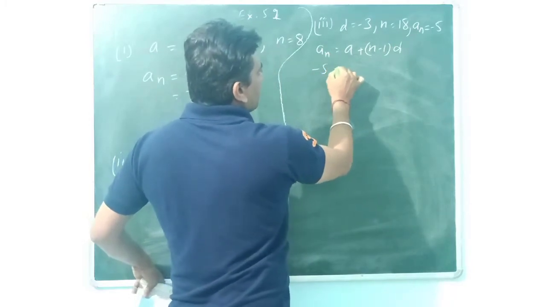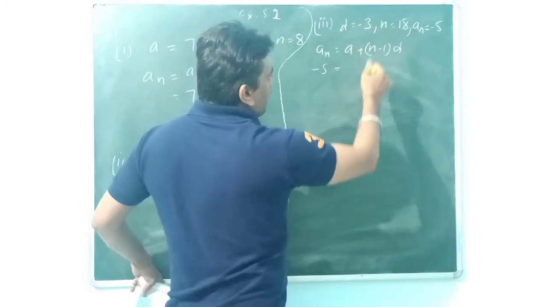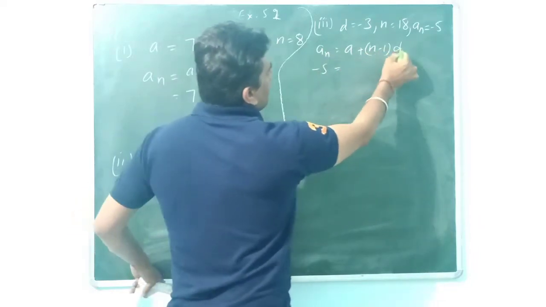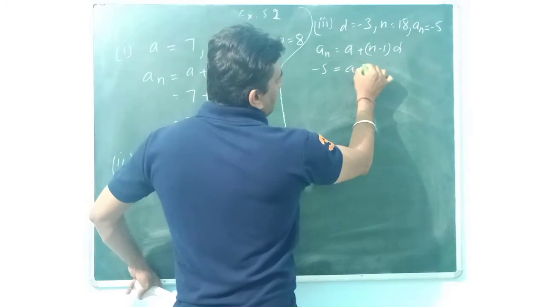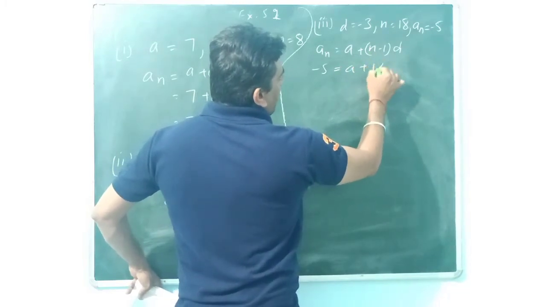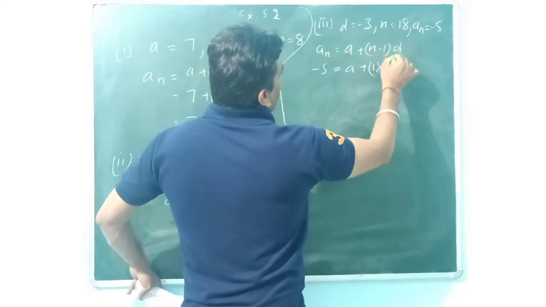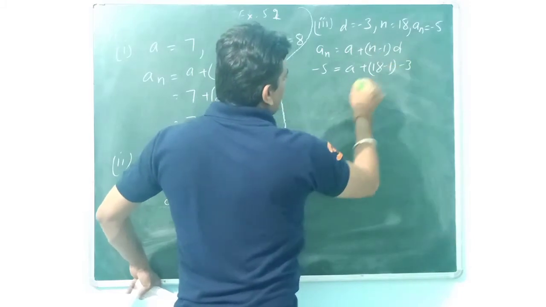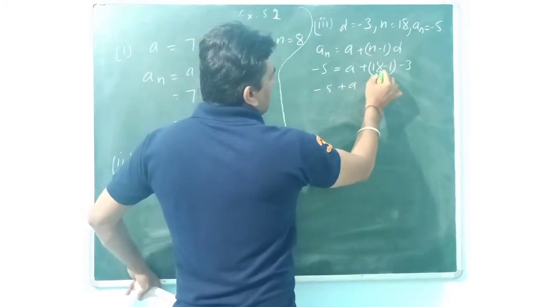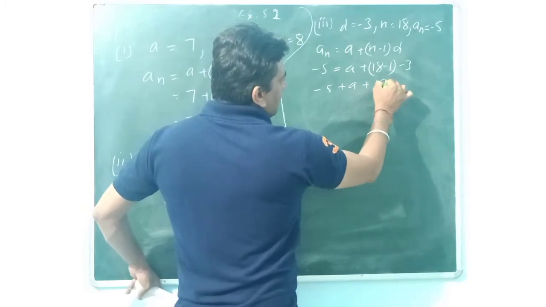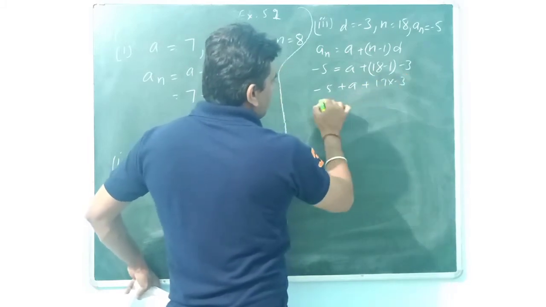Minus 5. A we have to find because we have 1, 2 and 3 quantities. So A plus N is 18 minus 1 and D is minus 3. Minus 5 equals A plus 17 into minus 3.